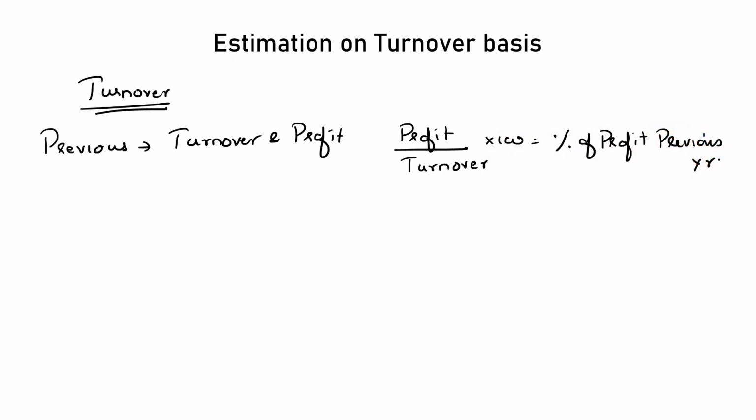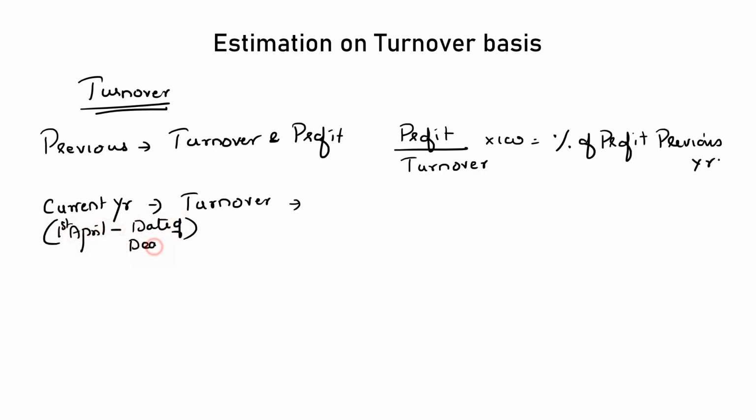And then, for the current year, you would be able to get the turnover. What we're talking about as the current year here is from the 1st of April of that year till the date of death. For that period, ascertaining turnover is simple.